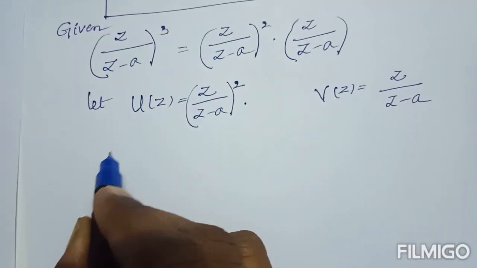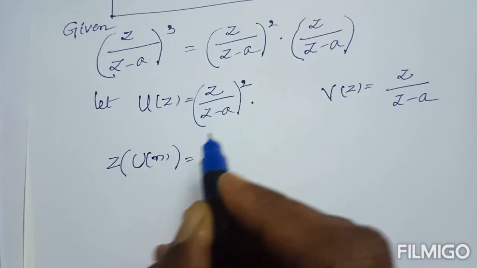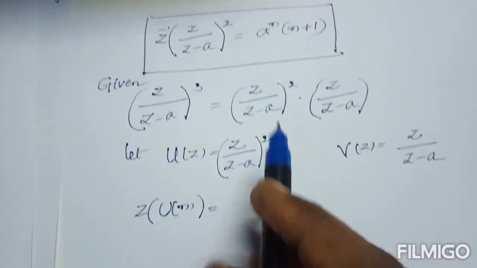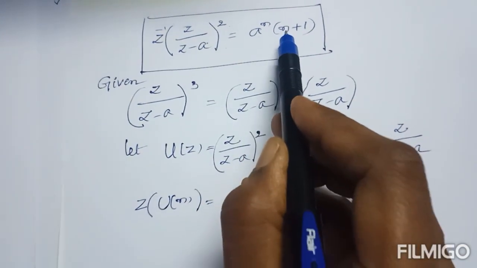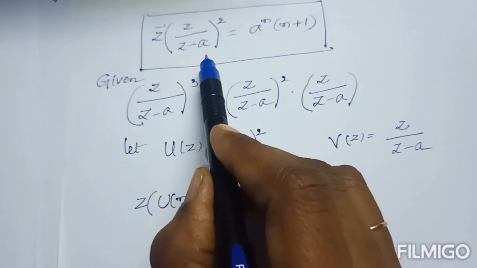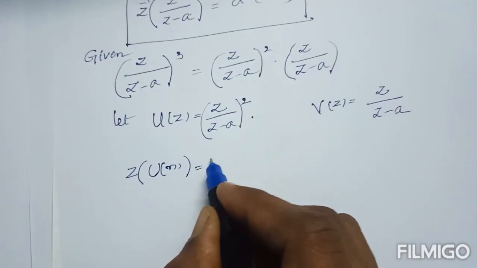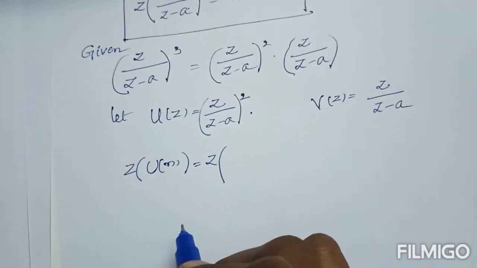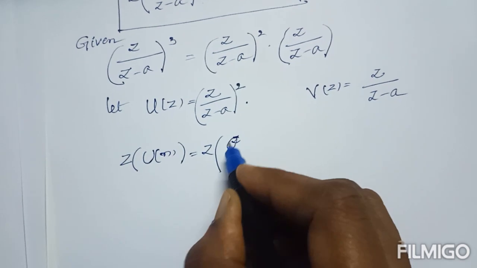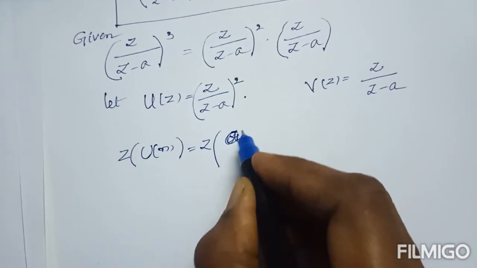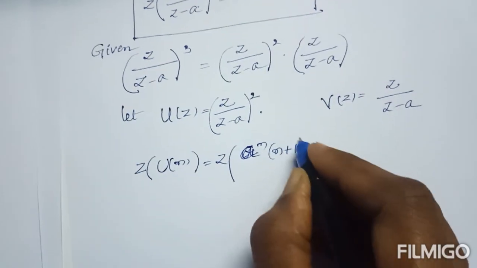U(z) is Z of u(n). This we just cleared here: Z inverse of z by z minus a whole square equals a power n into n plus 1. So z by z minus a whole square is the z transform of a to the power of n into n plus 1.